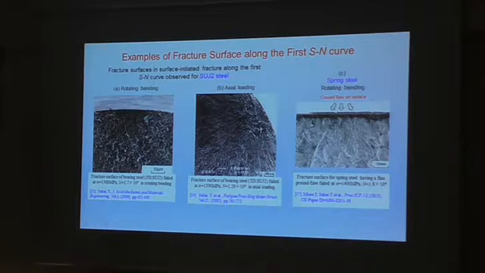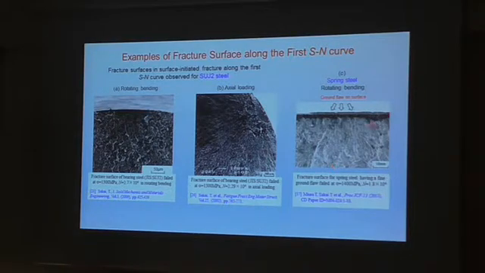Of course, fatigue crack took place here on the specimen surface. This one indicates the fracture surface failed in axial loading. In this case, the fatigue crack took place here.